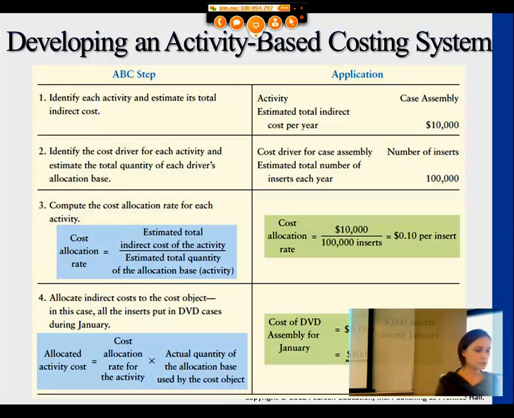The number of inserts was 100,000. So I'm dividing my estimated total indirect cost per year by the estimated total number of inserts each year, and I get the cost allocation rate. In my case, it's 10 cents per insert. So for my activity of case assembly, I just found that my cost allocation rate is 10 cents per insert.